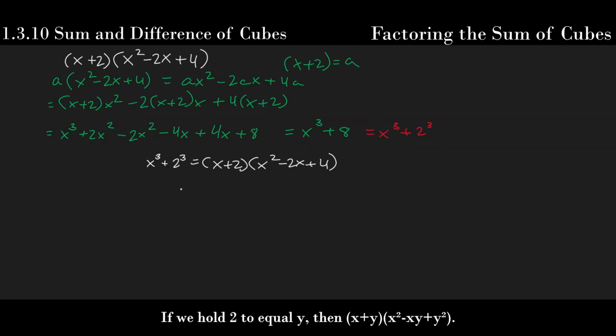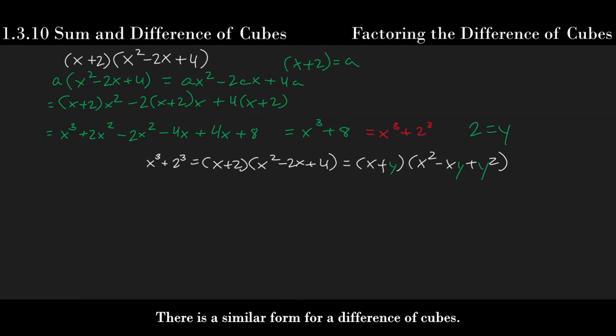And if we hold 2 to equal y, then our sum of cubes equals x plus y times x squared minus x times y plus y squared.